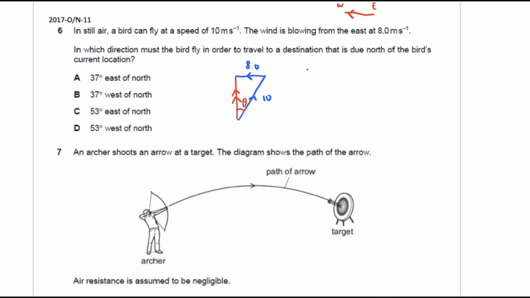So we are looking for theta. So we use tangent. Sorry, we use sine. Yeah, opposite over hypotenuse, 8/10. So theta is inverse sine of 8/10, you get 53 degrees. Two options: east of north, west of north. So this side is east. East of north. So this one, C.